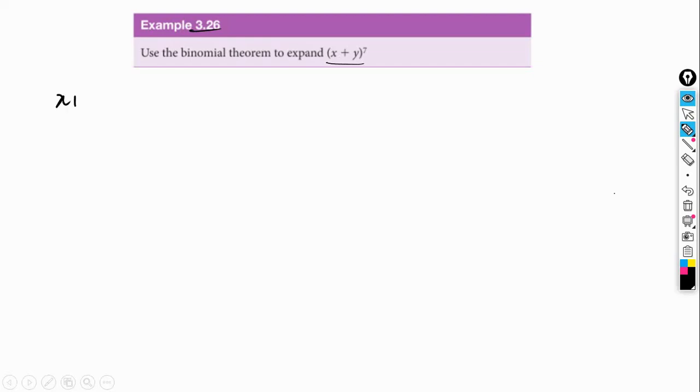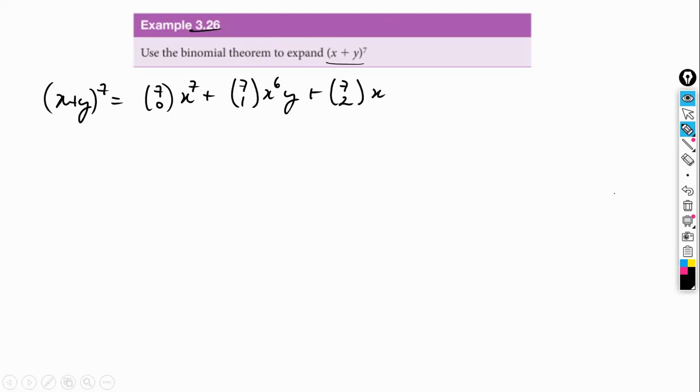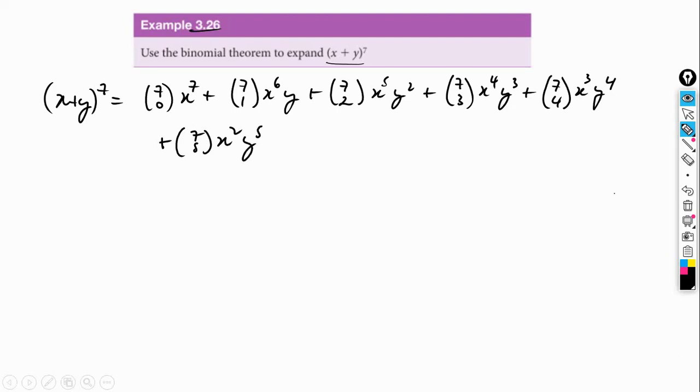So remember, x plus y to the 7 is equal to, and we start with the coefficients: 7 over 0 times x to the 7, plus 7 over 1, x to the 6, y to the 1, plus 7 over 2, x to the 5, y squared, plus 7 over 3, x to the 4, y cubed, plus 7 over 4, x to the 3, y to the 4, and then 7 over 5, x squared, y to the 5, plus 7 over 6, x, y to the 6. And finally, 7 over 7 and y to the 7.